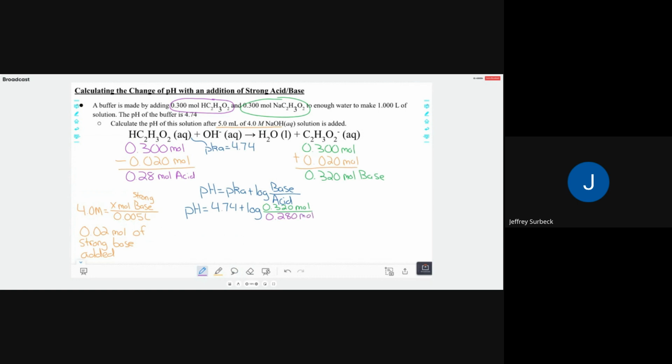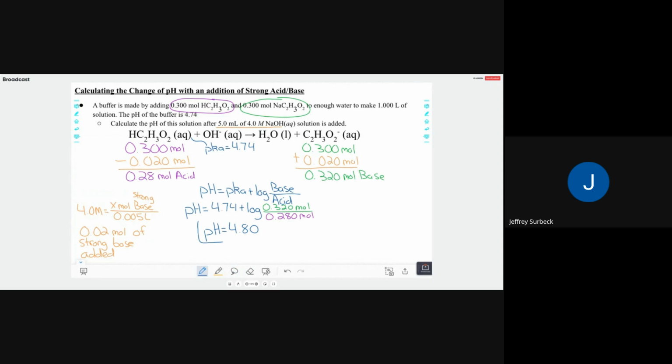So here we go, finding our new pH. If we take 4.74 plus the log of 0.32 divided by 0.28, we press enter. This actually rounds to exactly 4.80.